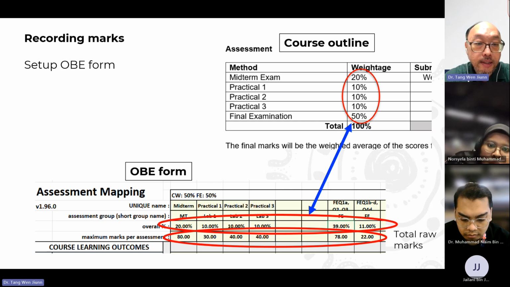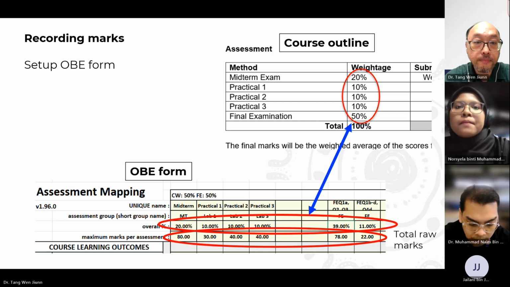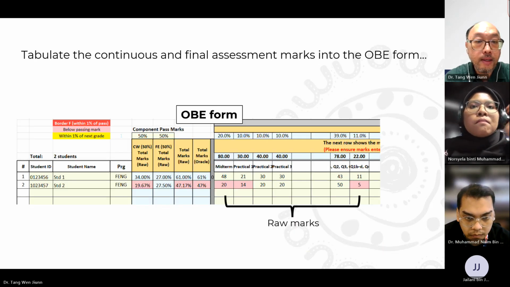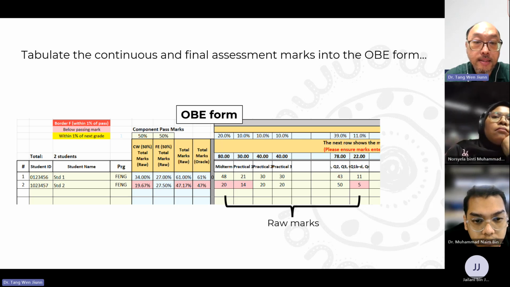Over here you have the total raw marks for the assessment. After every assessment, you key in the marks in your OBE form. When we key in here, we key in as raw marks.